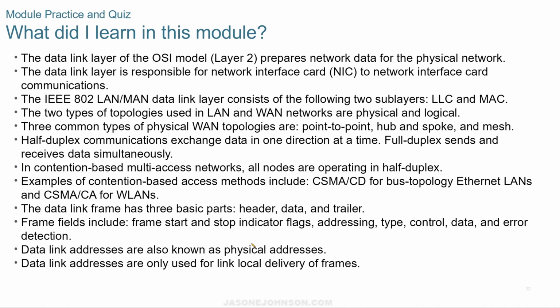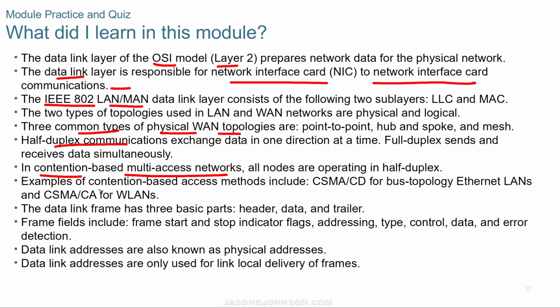So what did we learn in this module? We learned about the OSI model layer 2. We learned about the data link layer being responsible for network interface card to network interface card communications. We learned about the IEEE 802 LAN/MAN data link, 3 common types of physical WAN, half duplex communications, and contention-based multi-access networks.